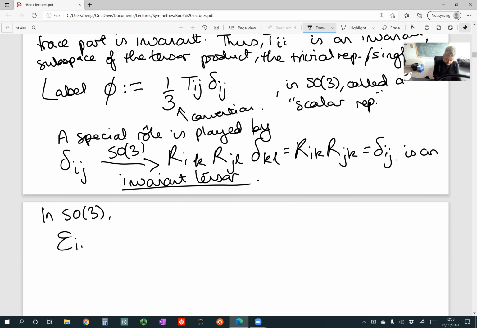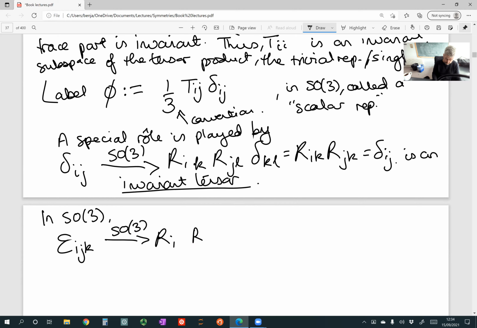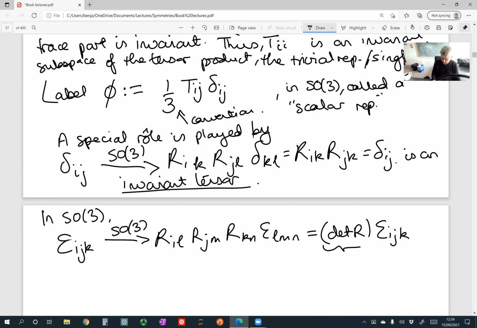If we look at how the totally antisymmetric symbol, epsilon_ijk, transforms under SO(3), we know each index gets its own factor of R. Now, if you remember your matrix equations for determinants, this expression on the right-hand side is equal to the determinant of R times epsilon_ijk. Because we have SO(3), the determinant is 1.